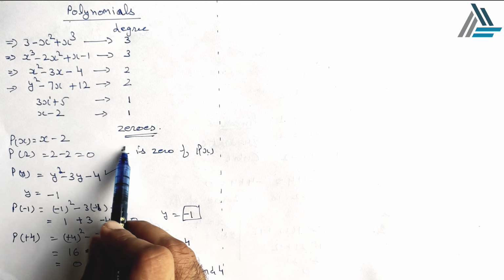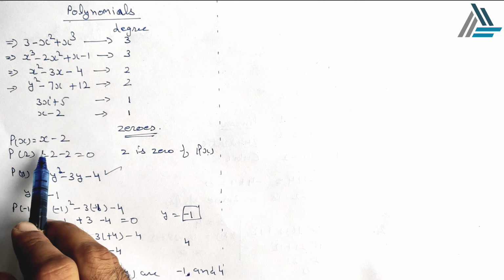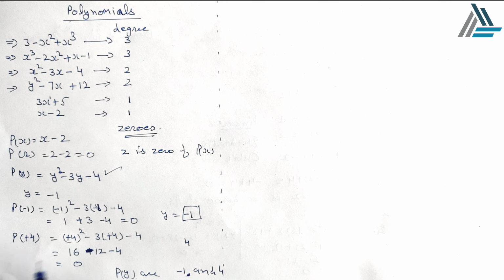If we put 2, then it becomes 0. If we put any other value of x, it never becomes 0, because its degree is 1, so the zero is also single, and that zero is 2. I think you all understand the degree and zeros of a polynomial.